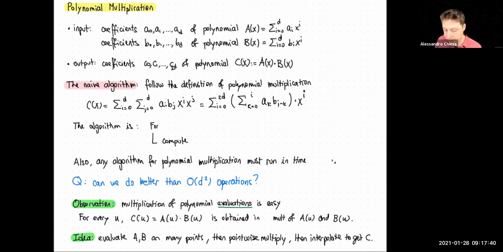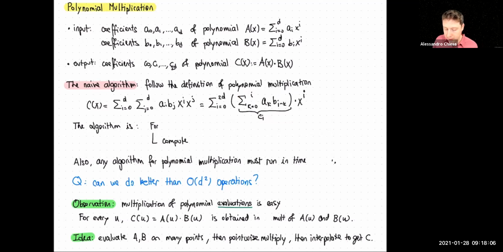So this is telling me that this is the coefficient ci of the power x to the i, okay? So the naive way to compute the product polynomial would be to say, okay, well, if this is the definition of each of the coefficients, let's just take each coefficient and compute it one at a time.